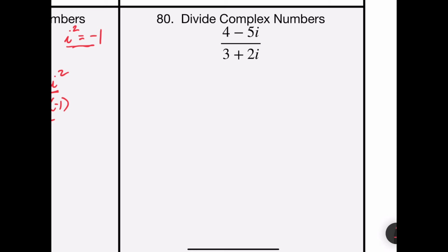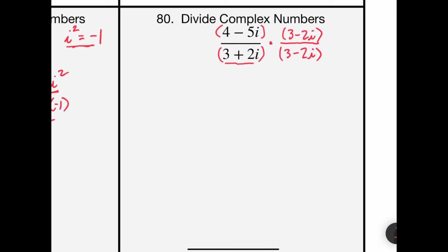First, I'm going to put the top binomial and bottom binomial in parentheses to help focus us. And then I'm going to multiply by a form of 1, which will not change the value of the original problem. I need to multiply by the complex conjugate of 3 plus 2i. And from a couple problems ago, that would be 3 minus 2i. And I'm going to put that on the top as well so that it's 1.